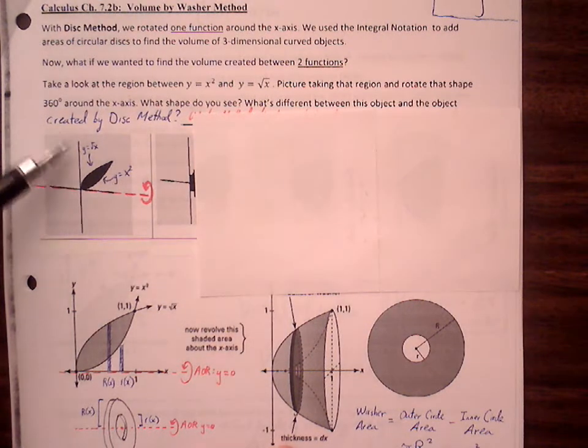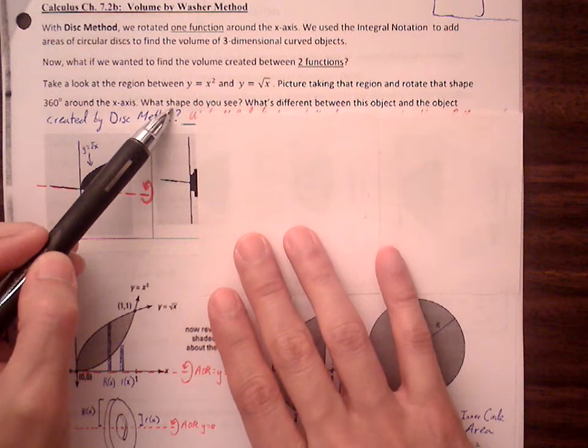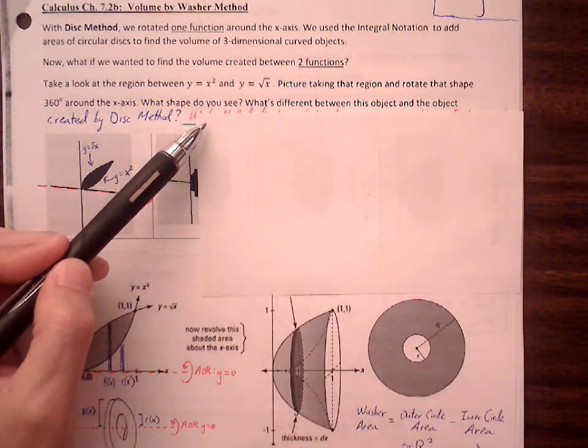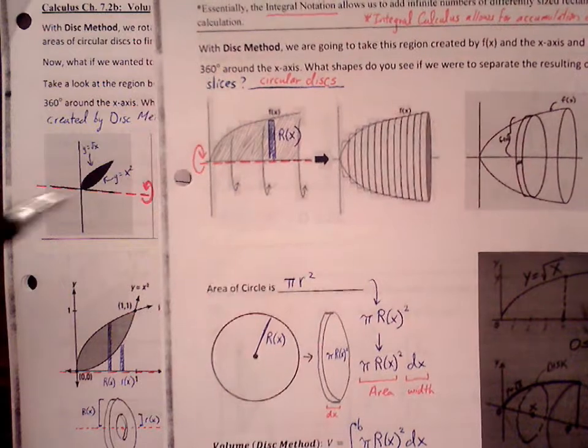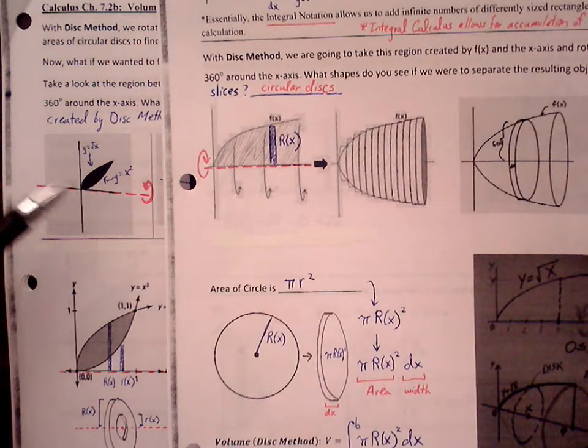Right. So there's still a circular based object, right? We know it's going to be a three-dimensional object. But what shape do you see? Do you see any distinctive difference between this object that's created versus the object that was created with just one function rotated about the x-axis?